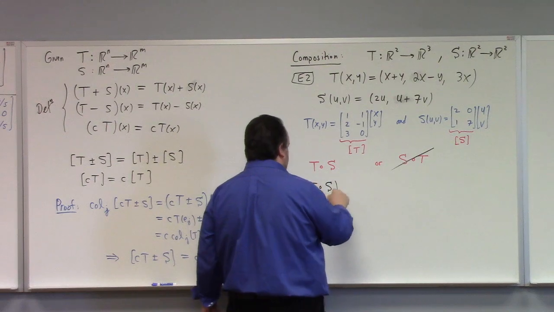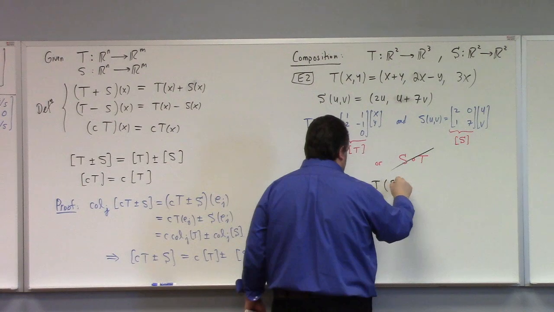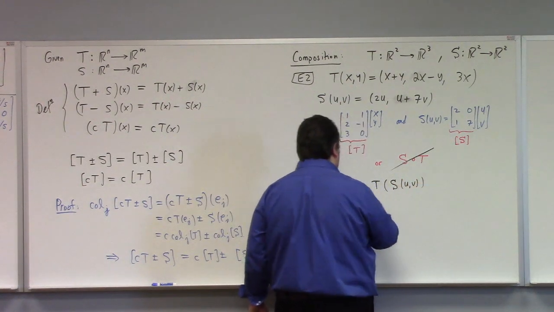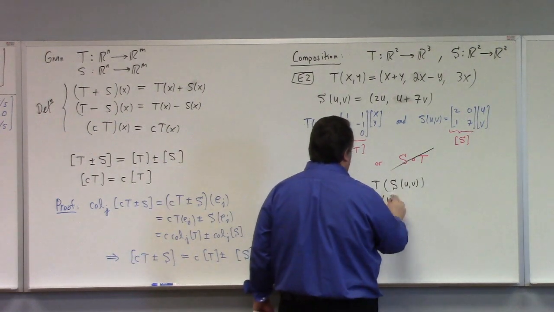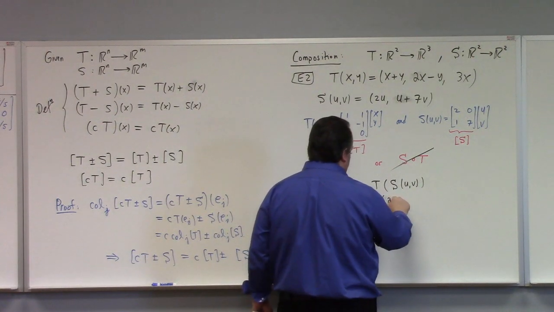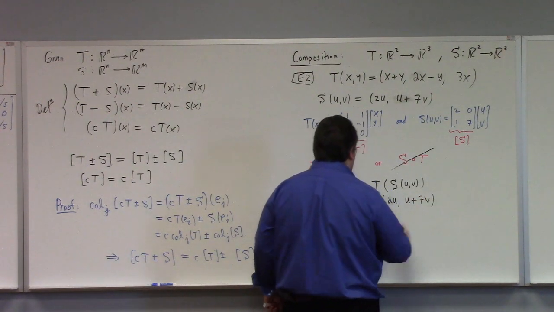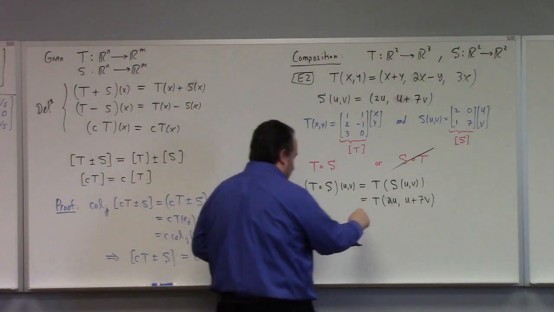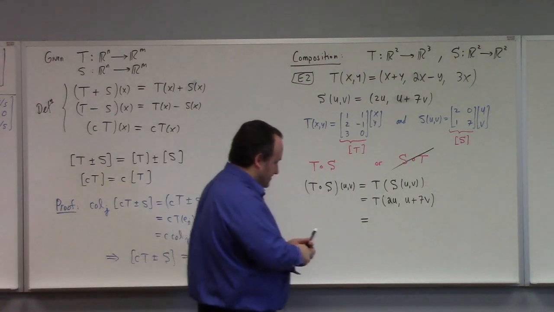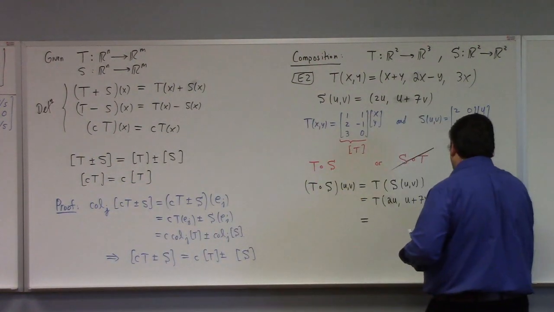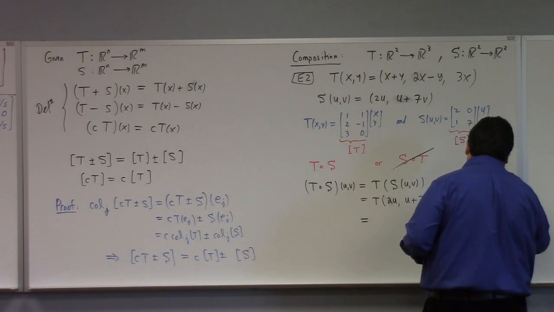T composed with S. Here's the definition. It is simply defined to be T of S of (u, v). So that's T of, well, S of (u, v) was (2u, u plus 7v). Identify x is equal to 2u, y is equal to u plus 7v.